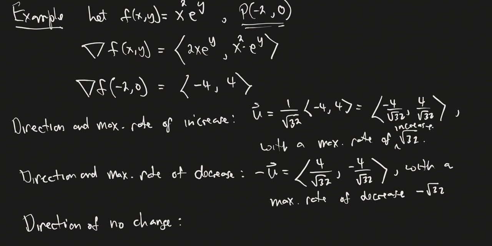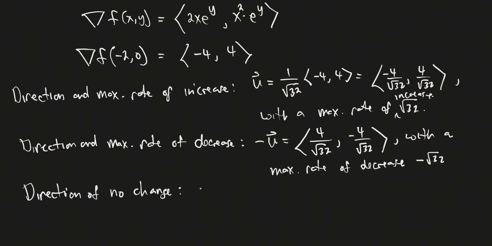So remember, if you have a single vector and you're trying to find a vector that is orthogonal to this one, you can switch the components and then change one of the signs. Let's say I switch the 4 and the negative 4, and then I make the negative 4 positive. Then this would be one direction that would work.